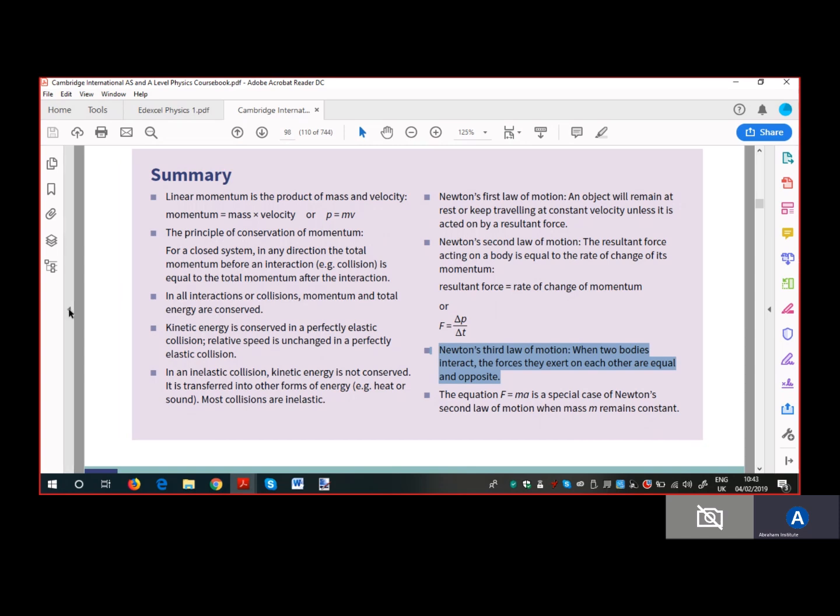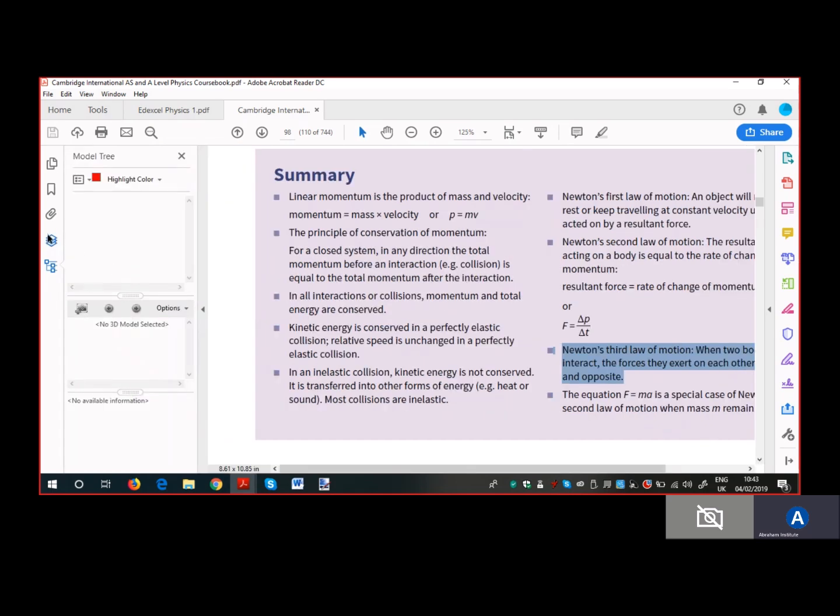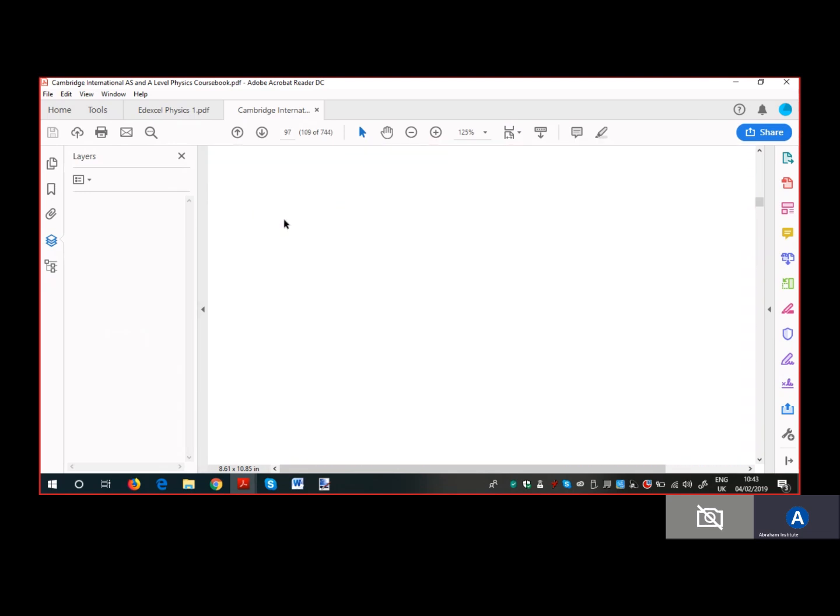For a pair of forces to be Newton's third law pairs, there are 6 criteria. And not all criteria are given in any one book. This one may give you maybe three criteria, but I think it was on this page, so that page is missing. Anyway, I will tell you what the criteria are.